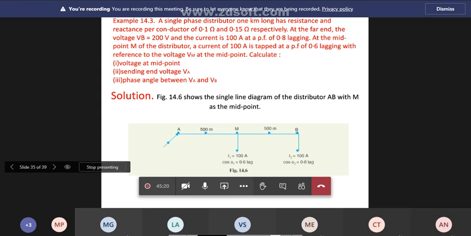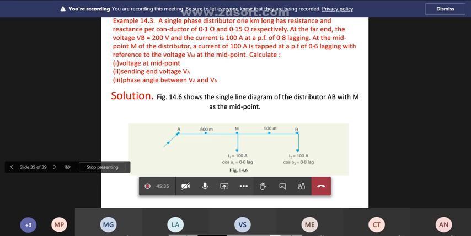Right? So as usual, they are given directly. Distributor AB, middle point is M. That's why I am putting M, otherwise I put C. So total is 1 kilometer, that's why the middle point is nothing but 500 meters.